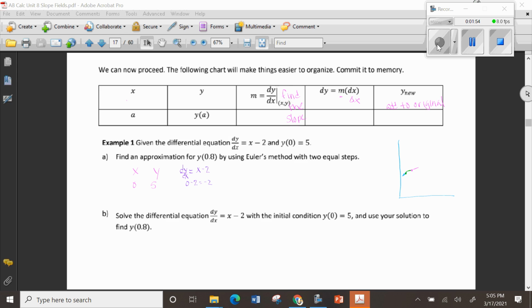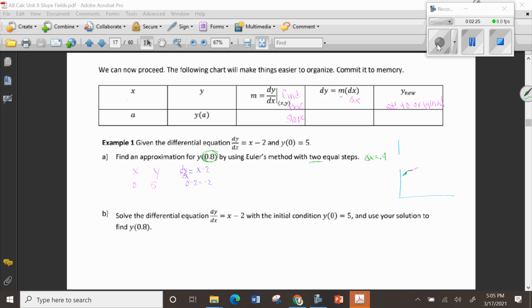And then the next step is telling me how big of a step I have to take. It says I'm trying to get from 0 to 0.8 with 2 steps. What that means is that my change in x is 0.4, because I'm going a space of 0.8 with 2 equal steps.